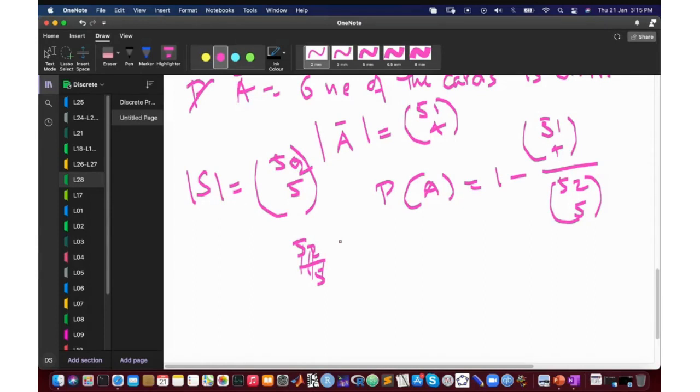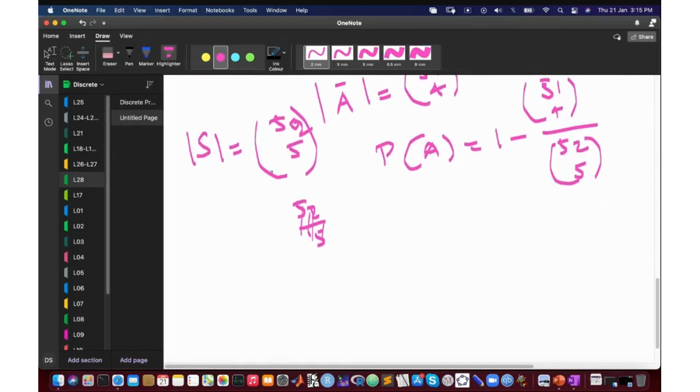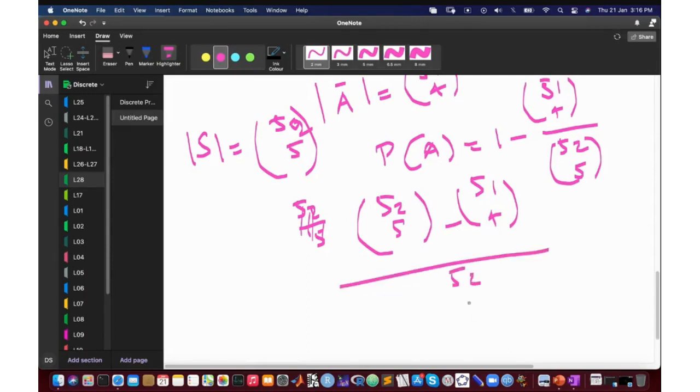Does it seem right? Just give me a second. Let me think about it. Let's try doing it anyway. So it's 52 choose 5 minus 51 choose 4, divided by 52 choose 5. What do we get?